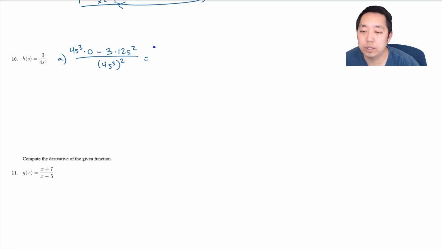So this part is 0, so this is just minus 36s squared over, when I square both of these, 16s to the 6th. And that I could simplify by dividing by 4. So that's minus 9 over 4, and this just becomes 1 over s to the 4th.